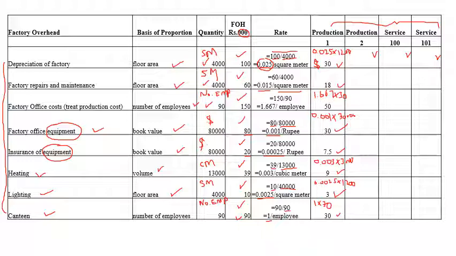You will get a total FH for each department. So for example, 30 plus 18 plus 50 plus 30, 7.5 plus 9 plus 3 plus 30, you will get $177.5 in production department 1.